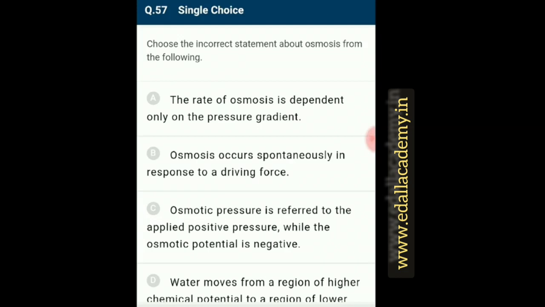Water will move from the region of higher chemical potential or concentration to the region of lower chemical potential until equilibrium is reached. At equilibrium, the two chambers should have nearly the same water potential. So the incorrect statement is option A: the rate of osmosis is dependent only on the pressure gradient.